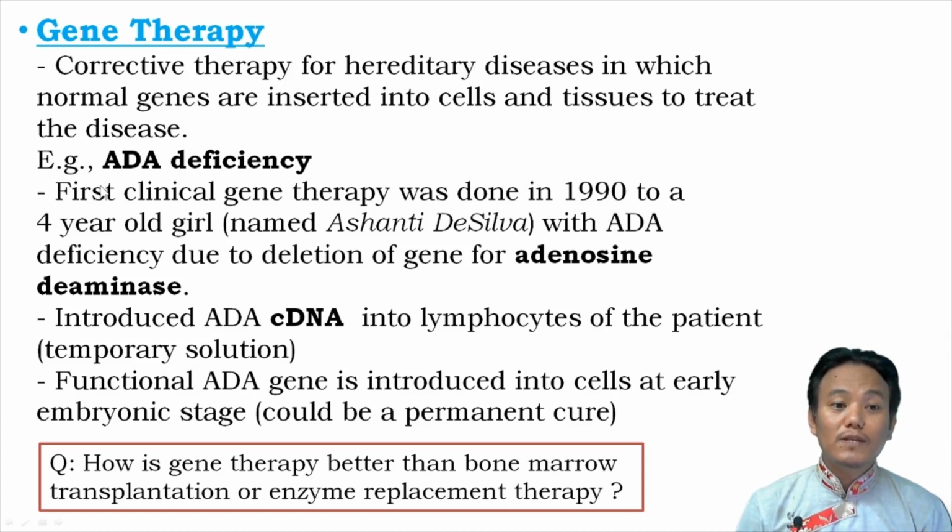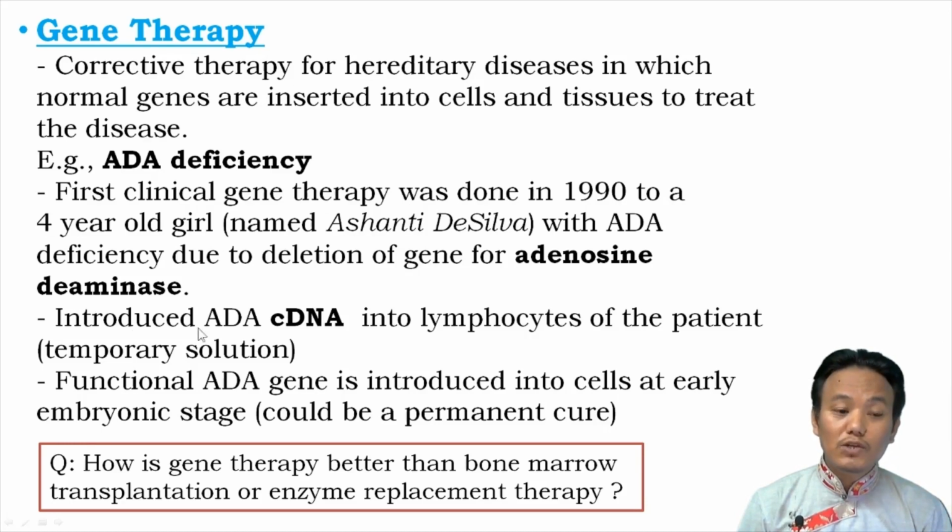So the first clinical gene therapy was done on a patient of ADA deficiency in 1990, and it was a 4-year-old girl named Ashanti De Silva. You don't have to remember her name. I just thought it would be useful for you to know. Right. So the first clinical gene therapy was done on her. She was suffering from ADA deficiency due to deletion of a gene for adenosine deaminase.